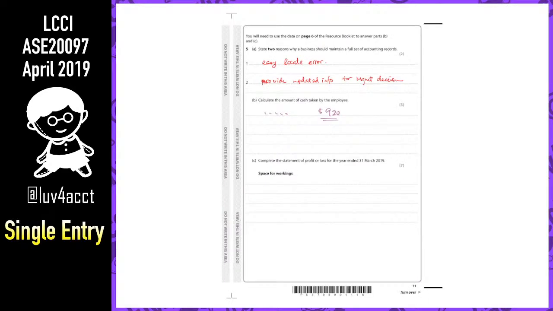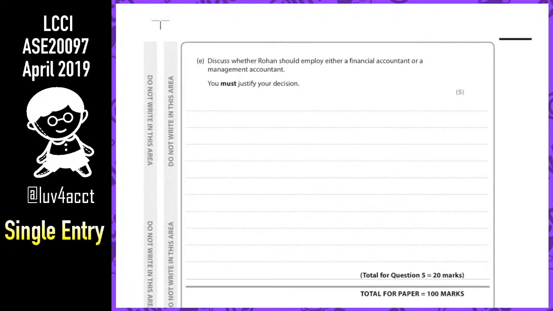Okay, next, last page, is it? Discuss whether Rohan should employ either a financial accountant or a management accountant. I think first of all, Rohan now uses single entry. For a single entry accounting system, not much financial information is available.